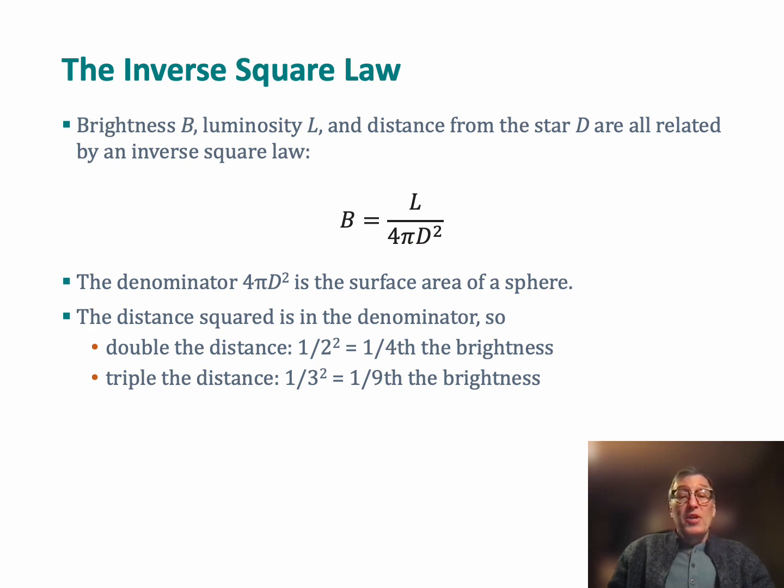If we have a star that's twice as far away, in other words, if we replace d with 2d, then this will be 1/4 the brightness. The 2d would become 4 when we square it. So, inverse square law. We've talked about it before. This same sort of thing appeared in the Stefan-Boltzmann law from before.